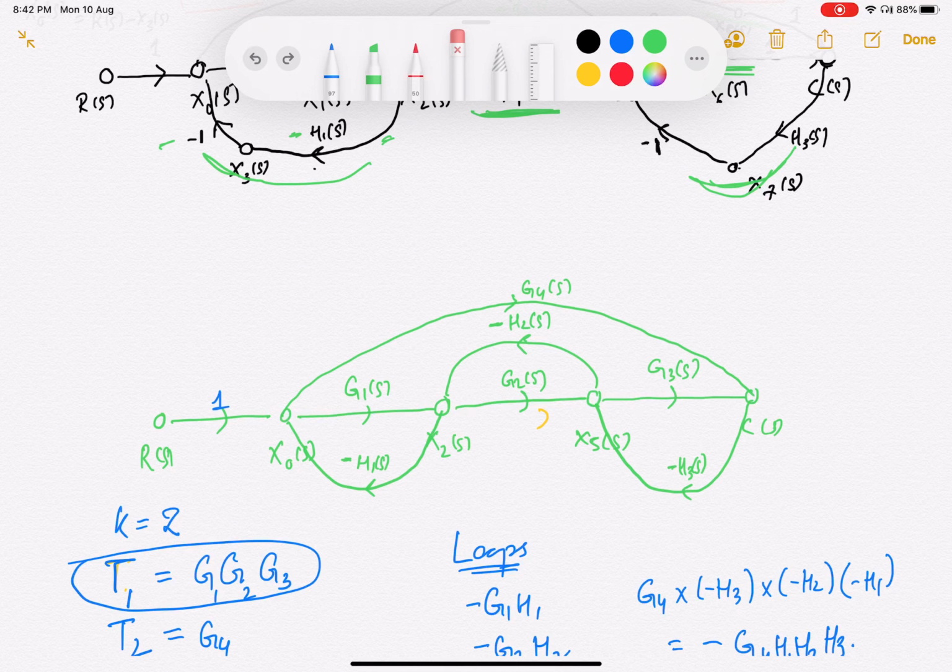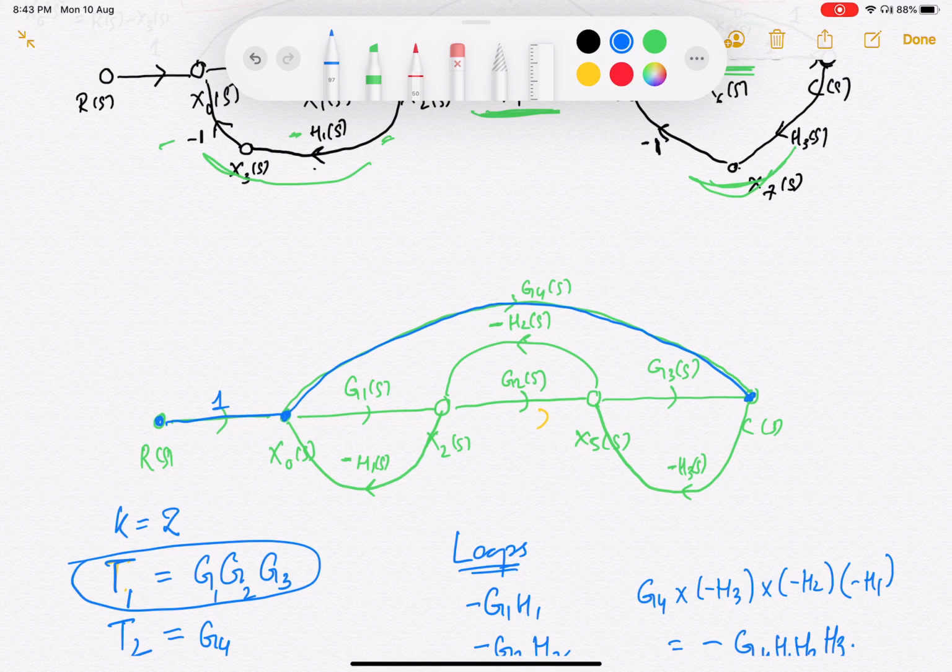The second forward path is G4. So if I remove G4, I have to start from here, remove this node, and remove this node. So I'm still left with what is not colored in. I'll just color this in blue. I'm removing this, I'm removing this whole thing, I'm removing this.